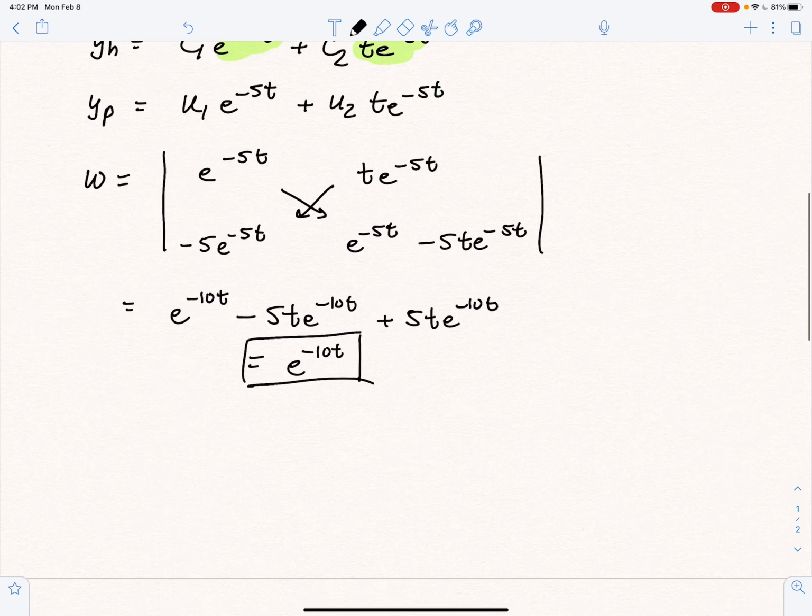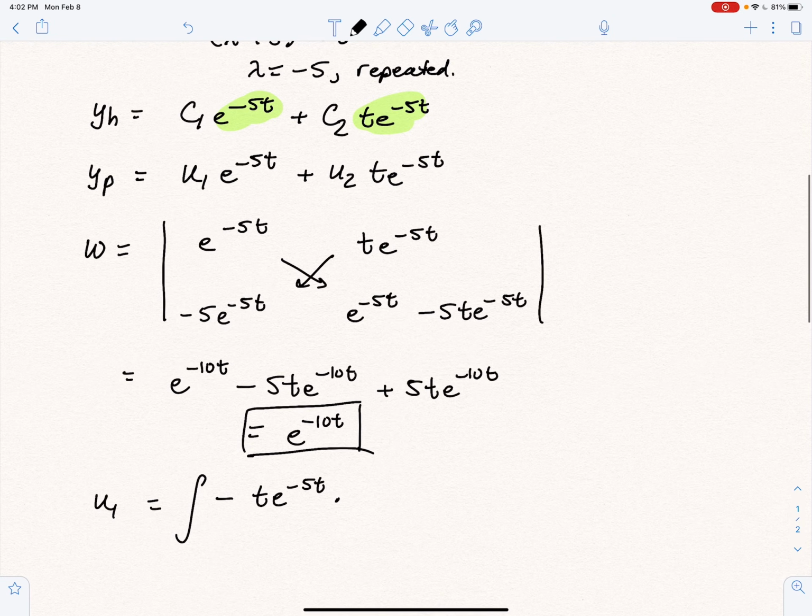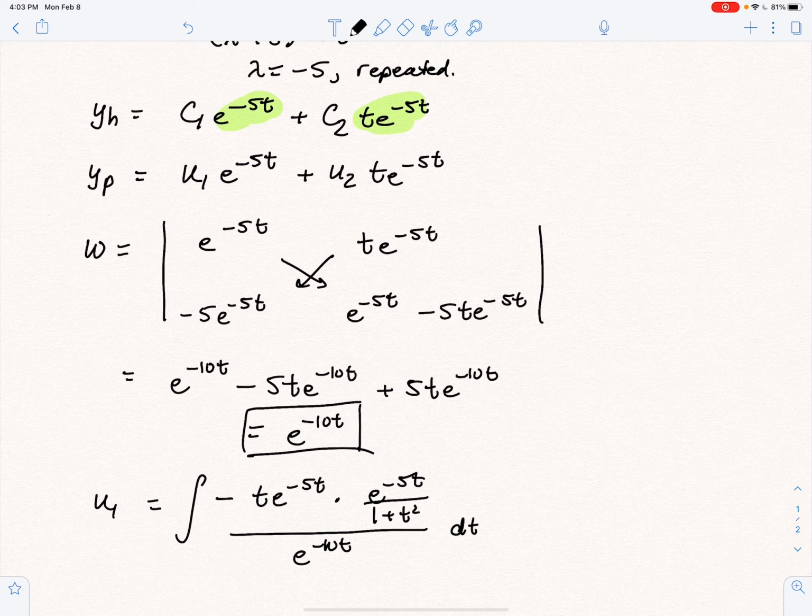Okay, so now u1, the multiple of y1 in the particular solution, is the integral of negative y2, which was t e to the negative 5t, times f, which is e to the negative 5t over 1 plus t squared, and this is all over e to the negative 10t, dt. Now this looks terrible, but things cross out. e to the negative 5t times e to the negative 5t is e to the negative 10t.